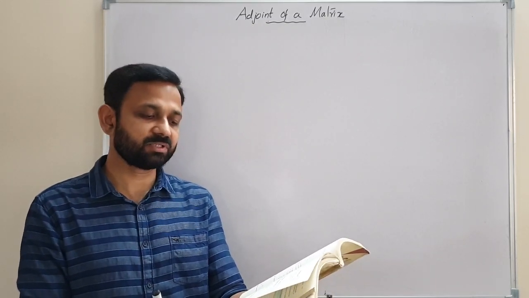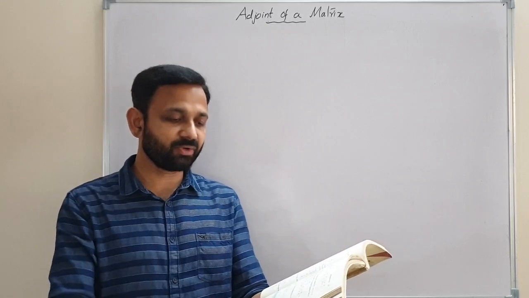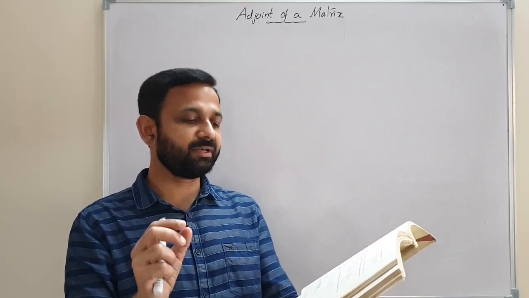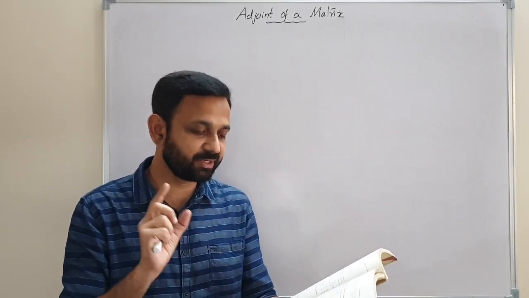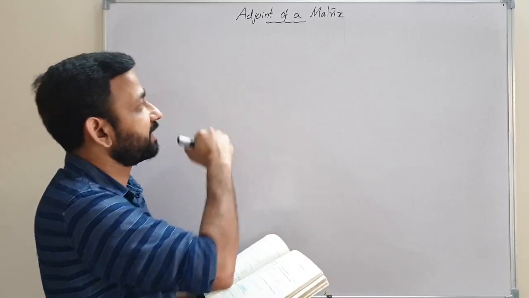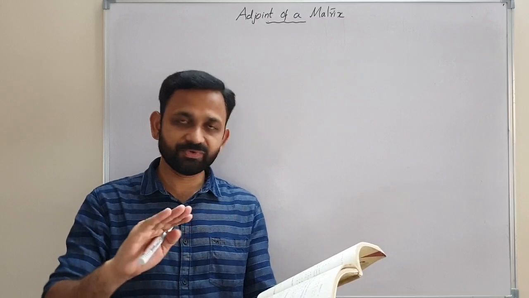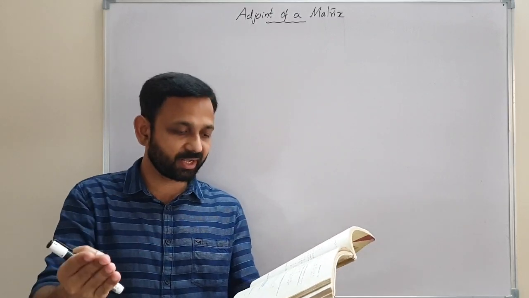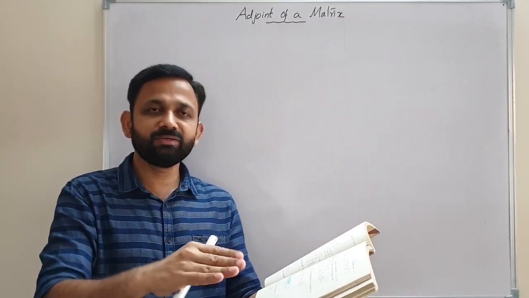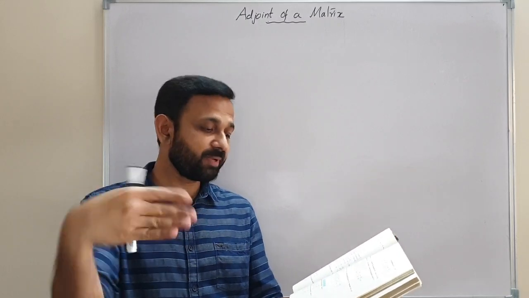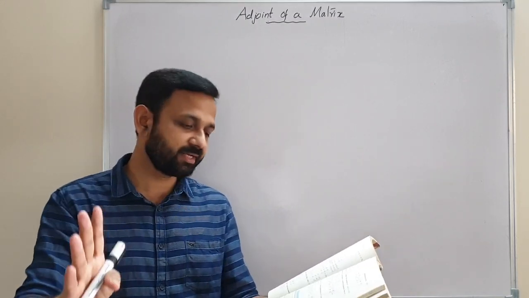Then third and fourth: A into adjoint A equals adjoint A into A equals determinant A into I. So we need to verify that result in questions 3 and 4. We already learned how to find adjoint A. Then A into adjoint A, the product of two matrices, we can find.